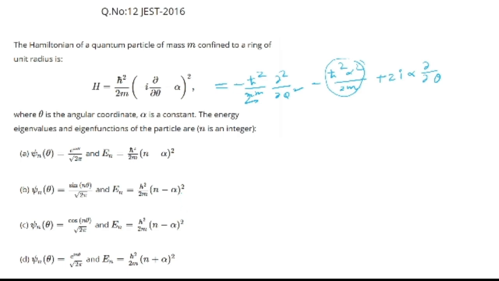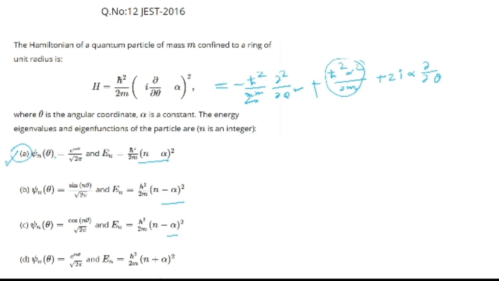From here we get this term for every option. But for the first term and the last term, can we get these same things, 2n alpha? Okay, we can solve this by trial method, taking the options.